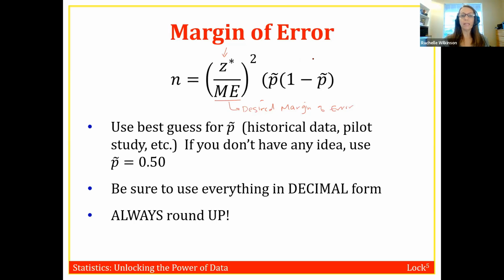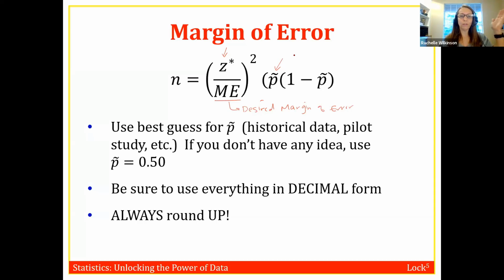All right, and then this P tilde, remember, we're trying to figure out what sample size we need before we've actually collected any data. So P tilde is going to be our best guess for what P is. And sometimes we might have something we could go off of, like maybe a pilot study, or historical data. If you think about things like political polling, those are big these days, right?